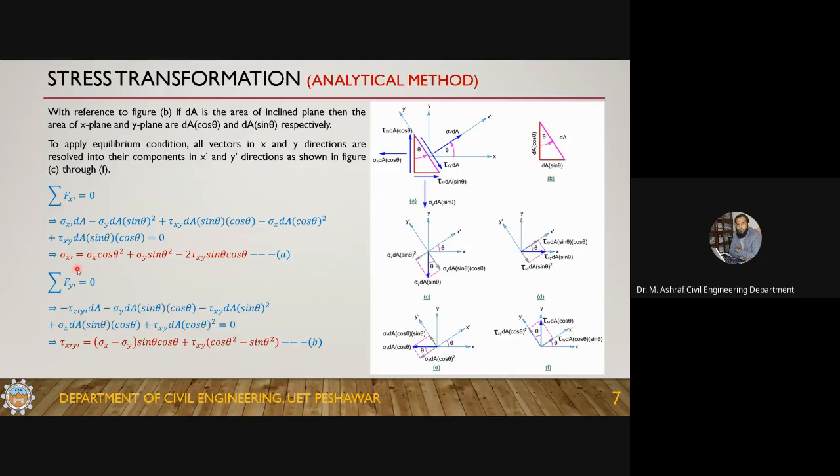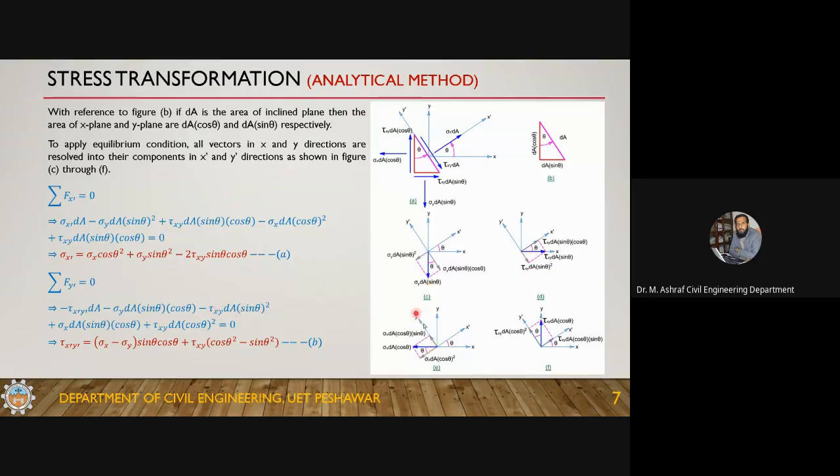Now, if you apply the equilibrium condition along the y prime axis, the summation of F y prime is equal to 0, taking all forces in this direction as positive. So this is a negative force, tau x prime y prime dA. This is again a negative force, sigma y dA sine theta cos theta. This is again a negative force, minus tau xy dA sine square theta.